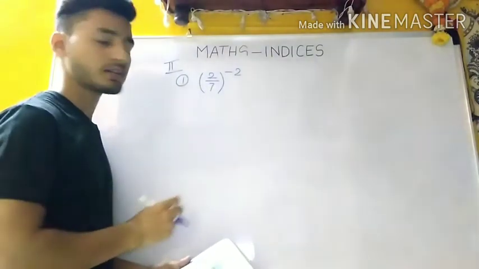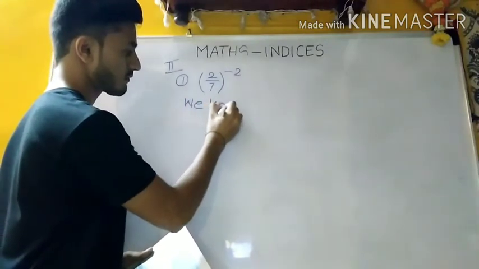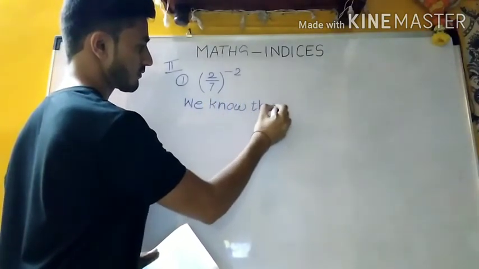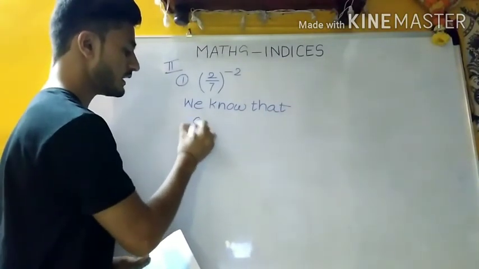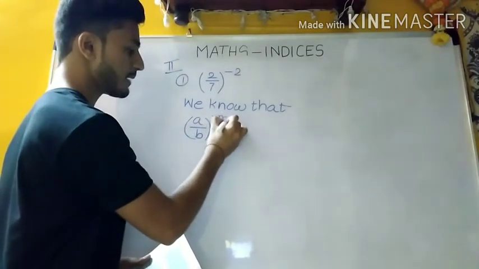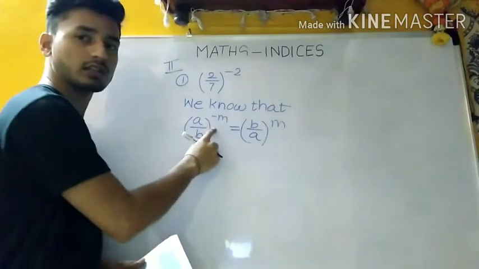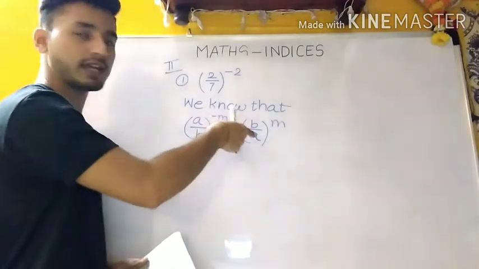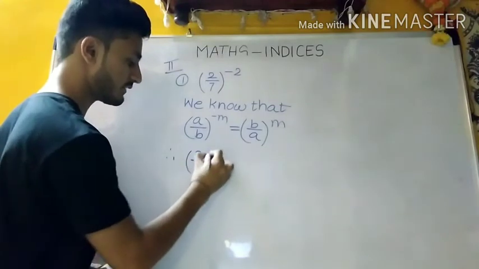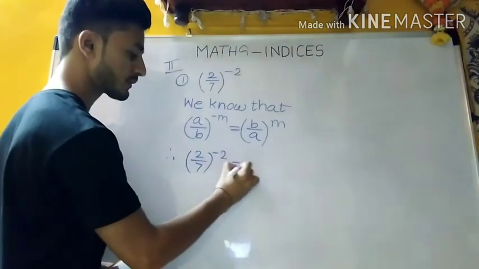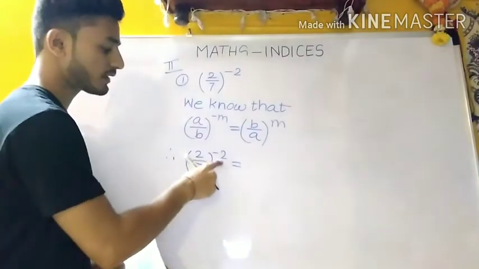Now for this we will require the formula a upon b raised to the power minus m is equal to b upon a raised to the power m. To make the negative power positive, we have to take the reciprocal. So the question in the form of formula will be 2 upon 7 raised to the power minus 2. Now here a is 2, b is 7, and the negative power is 2.